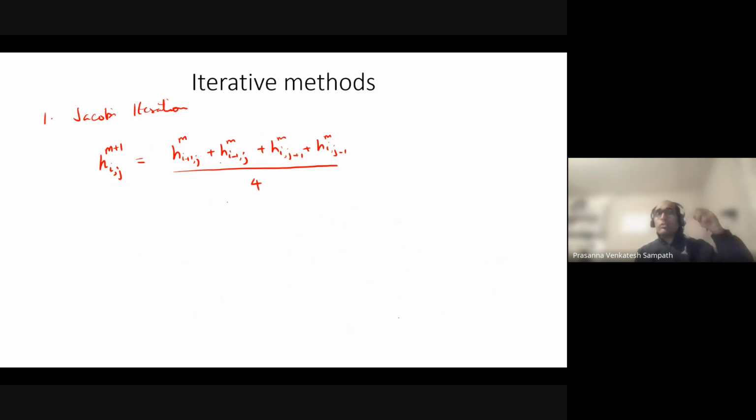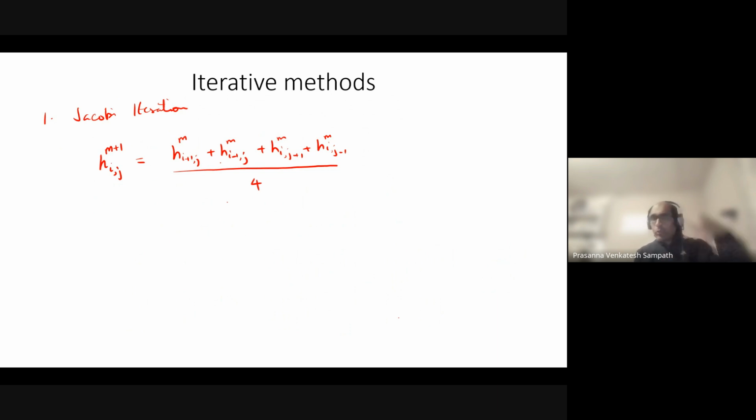So if I want to know the head value at a particular cell at the current iteration, I have to take the head values in all my four neighboring cells in the previous iteration, add them all up, and divide by 4. That gives me the head value at that cell for the current iteration based on the previous iteration's value. So I make an initial guess, and then using that, I get a new iteration.